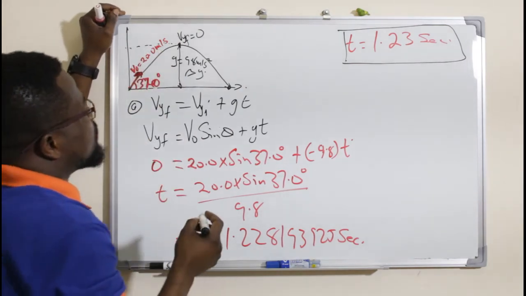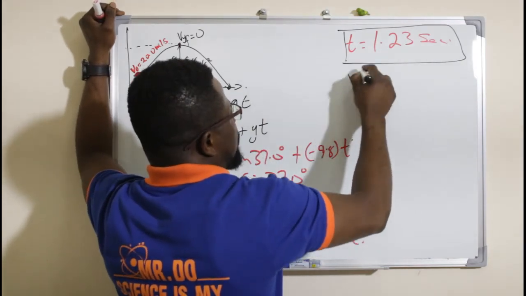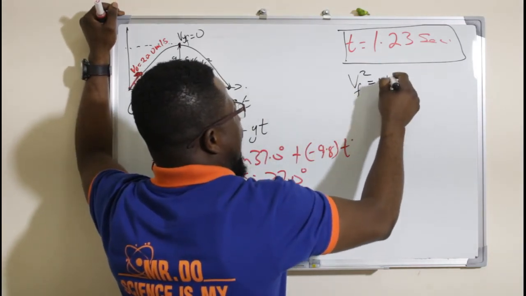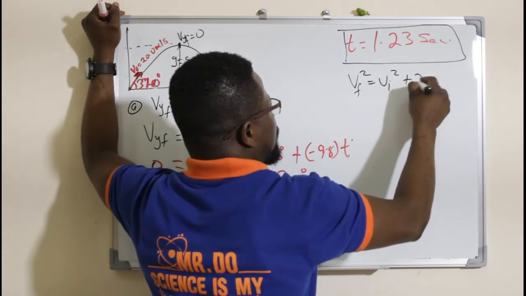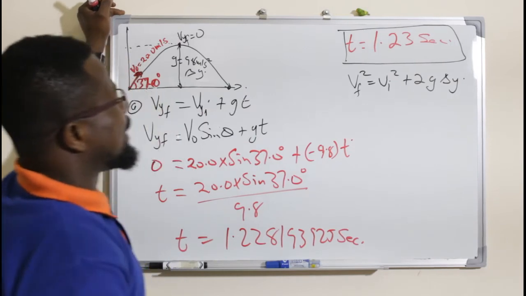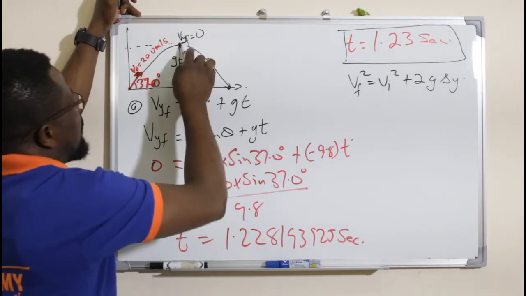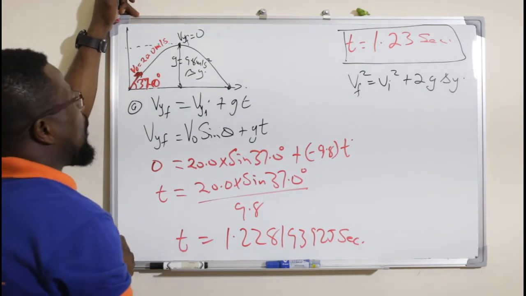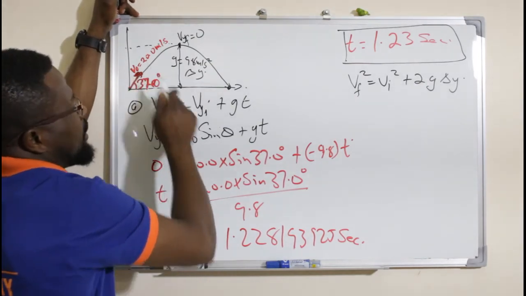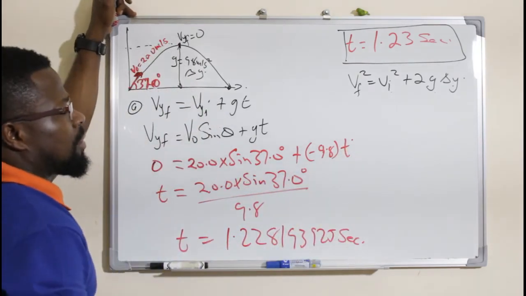And if I want to find the maximum height, I can simply say, okay, Vf squared is equal to Vi squared plus 2G change in y. And that will help me find the maximum height, because I know the final velocity at the maximum point, I know the initial velocity there, and I know G. Right.